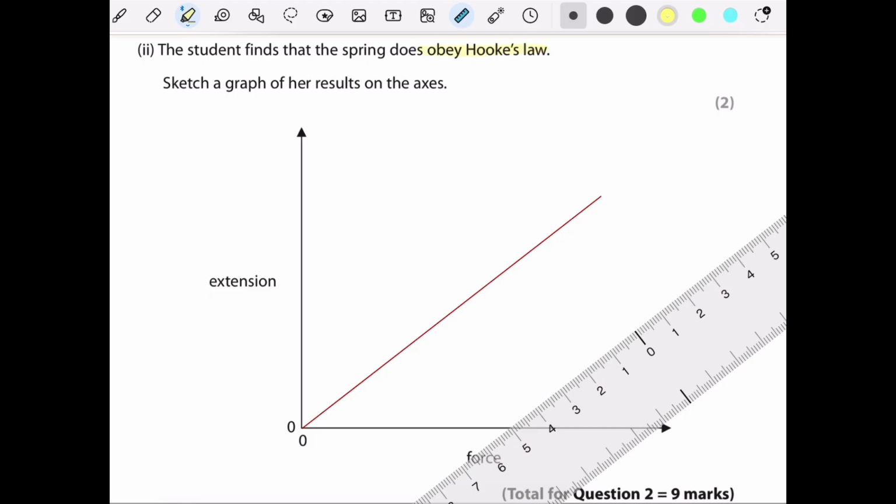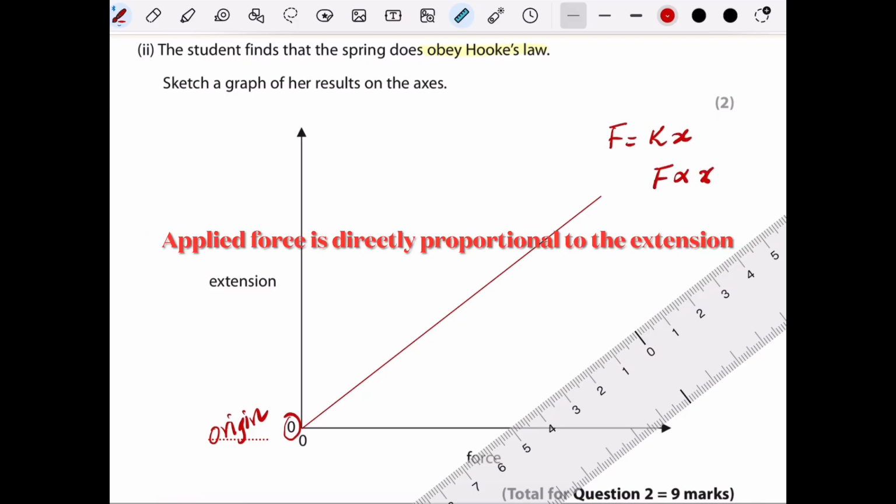So you will get 2 marks. 1 mark because you started from 0, from the origin, and you have a positive gradient, so it's a straight line. And remember the formula, F equals kx, so F is directly proportional to x, which is the extension.